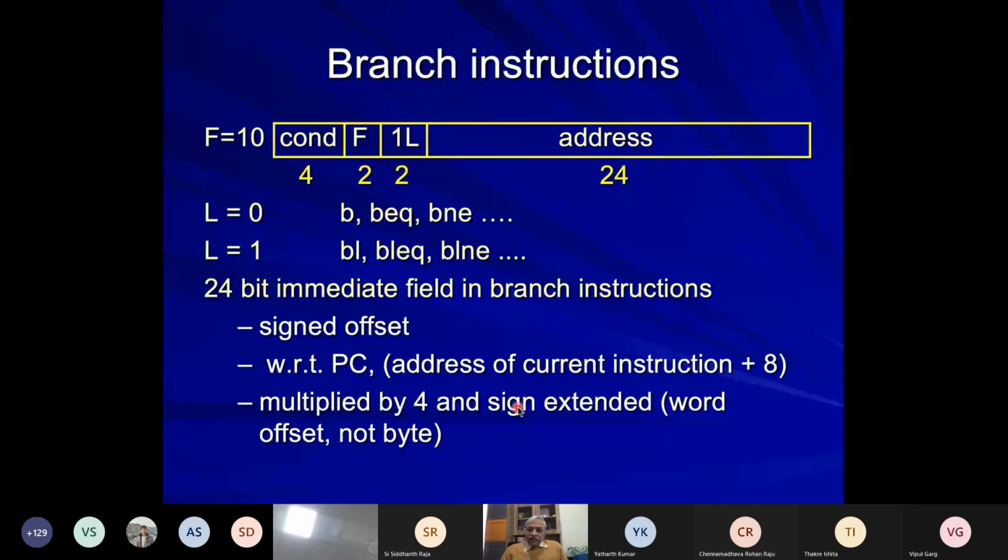Hello, sir. I don't understand what you mean by pipeline. Okay, so pipeline means that execution of each instruction may take some 3, 4, or 5 cycles, but in every cycle a new instruction gets initiated. So there is an overlap.